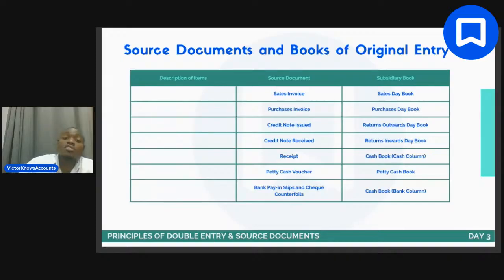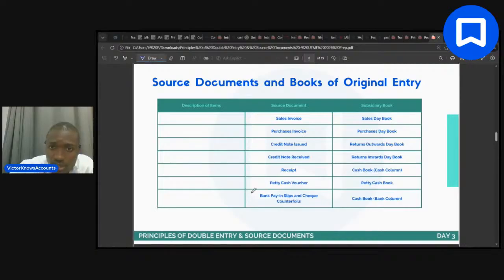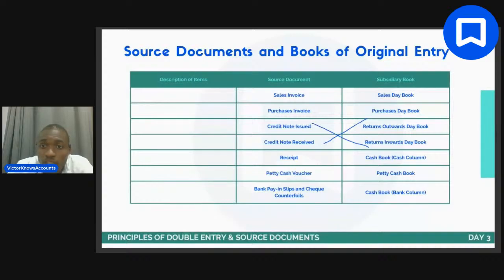Let me correct that. Apologies. So the relevant source document for returns inwards day book is the credit note issued.